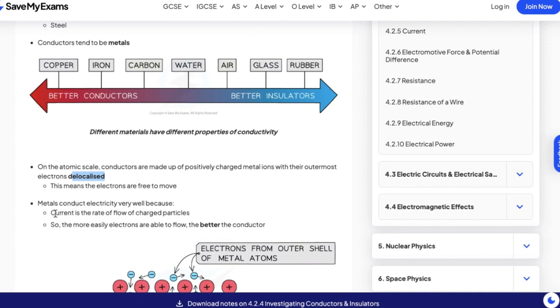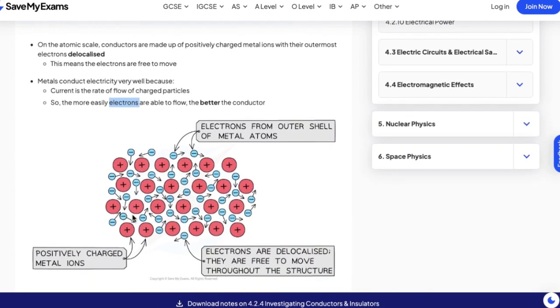They carry electrons about, and then electricity is produced in that manner. So the more easily electrons are able to move or flow, the better the material is as a conductor. The more easily electrons are able to flow in any material, the better the material is as a conductor.